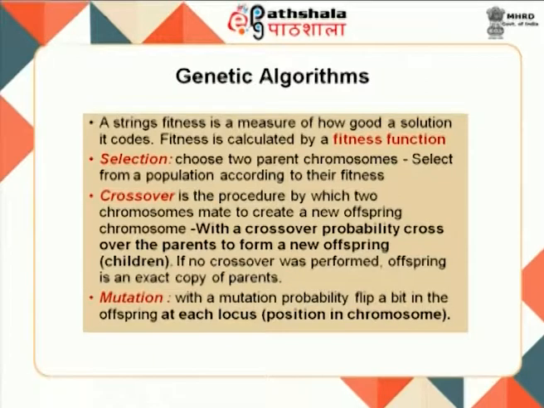If no crossover is performed, then the offspring will be an exact copy of their parents. After crossover, you also have mutation. With the mutation probability, after you find a new offspring, you flip certain bits so that the position in the chromosome is slightly changed, so that you get randomness in your generation.